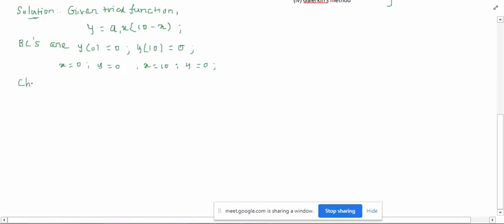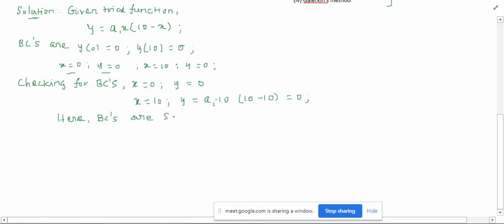Okay, so we have to check whether the trial function satisfies our boundary conditions or not. So x is equal to 0 means y equal to 0, that is satisfied. If x is equal to 10, then y equal to 0. So here the boundary conditions are satisfied. Okay, so this is our step 1.